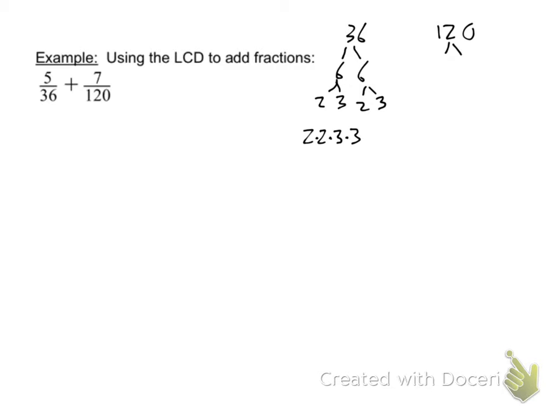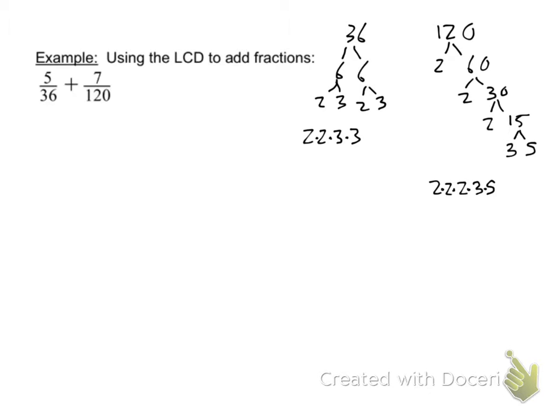What are some pairs of 120? 2 and 60, 2 and 30, 2 and 15 if you want. I just like to keep going with my 2's. Can't do 2 anymore. I can do a 3 and 5. So we know we have 2, 2, 2, 3, and 5.